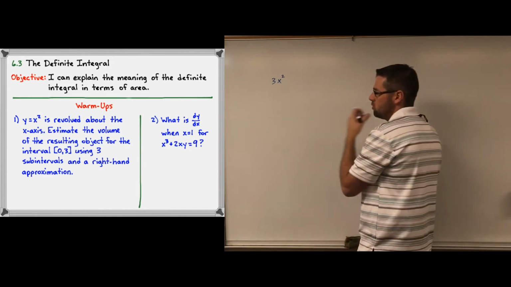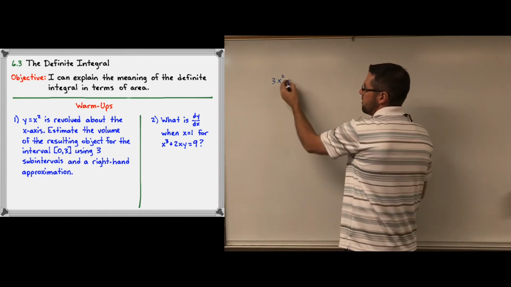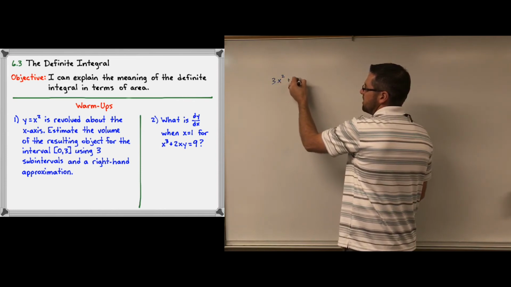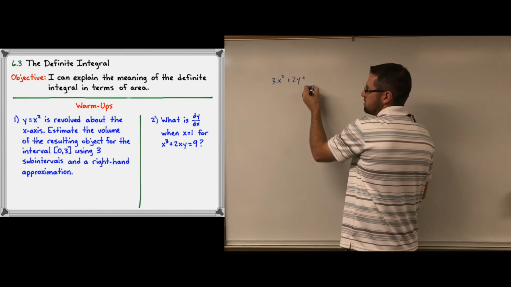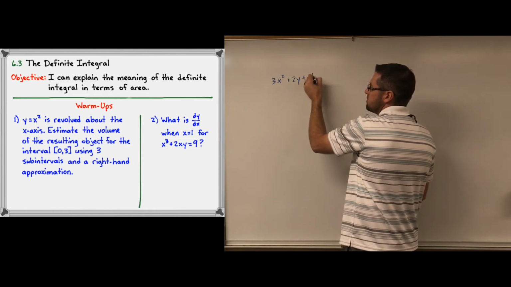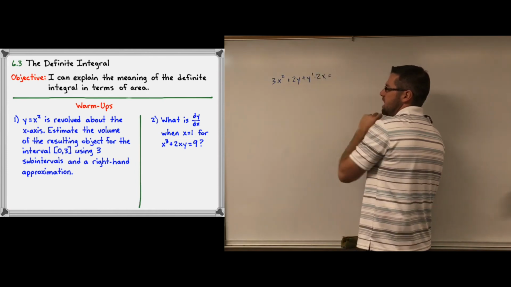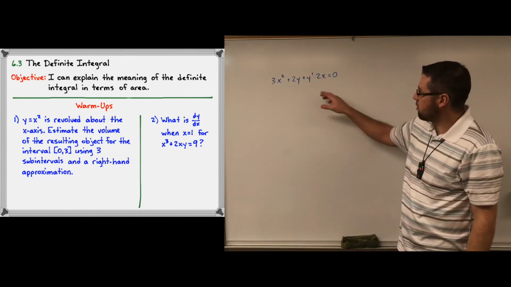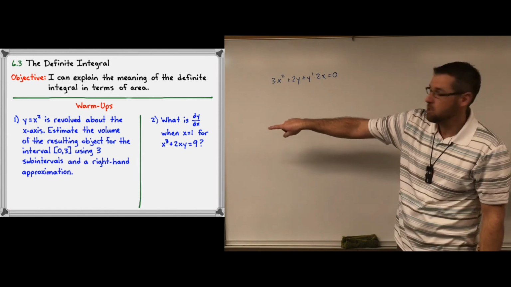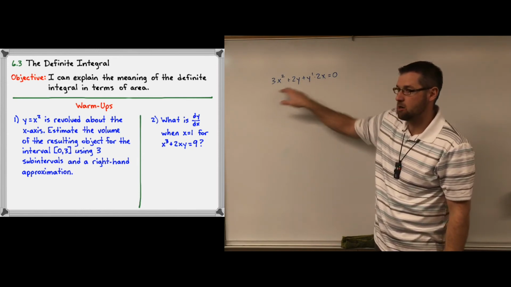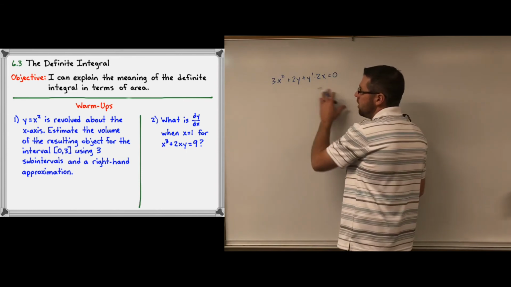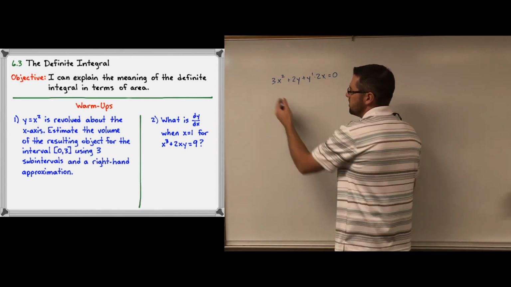Okay, so what rule do I use to find the derivative of 2xy? Product. So what's the derivative of the first thing, 2, times the second thing, plus y prime times 2x. And that equals 0. Now I'm looking for y prime, dy dx. So I need to know what x and y are. You could move it all over, and that's fine, but let's plug in what we know.